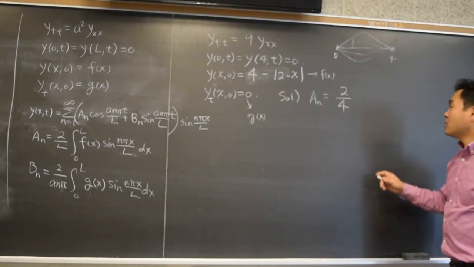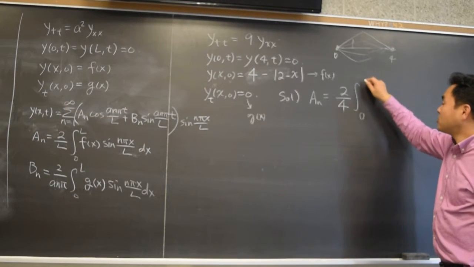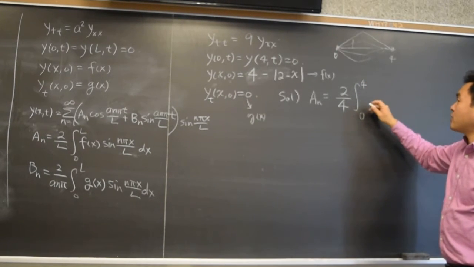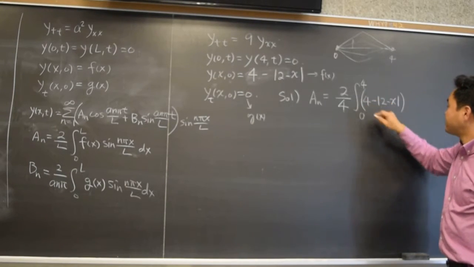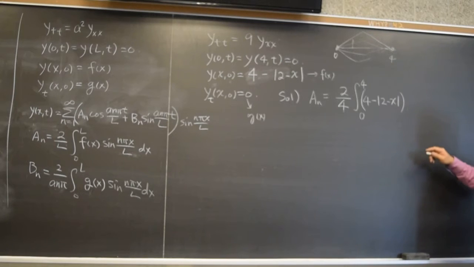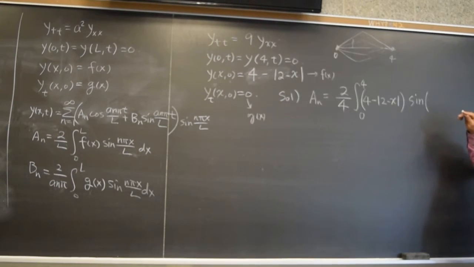That's it. All right. So you have this 2 over 4, and then integral 0 to 4. f(x) is 4 minus absolute value of 2 minus x. And then you have to multiply by sine of what? n pi x over 4.